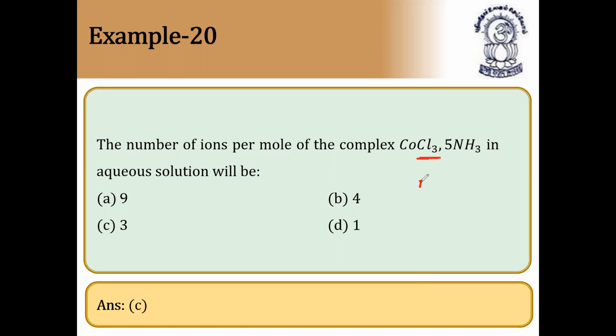Ammonia is a neutral ligand, it has no contribution. So automatically only 3 chlorines are there, so it can ionize 3. So the number of ions per mole of the complex means it can give only 3, because 3 Cl minus will form. Next question.